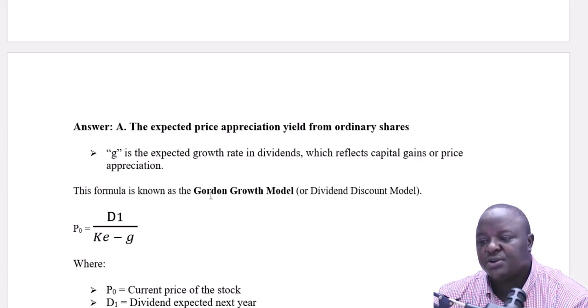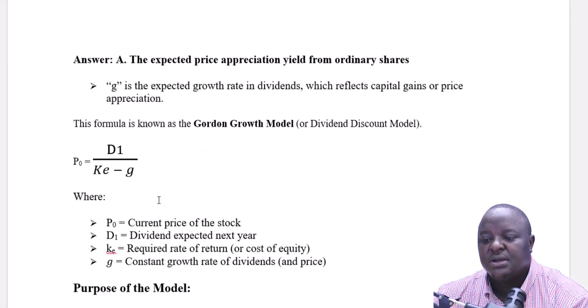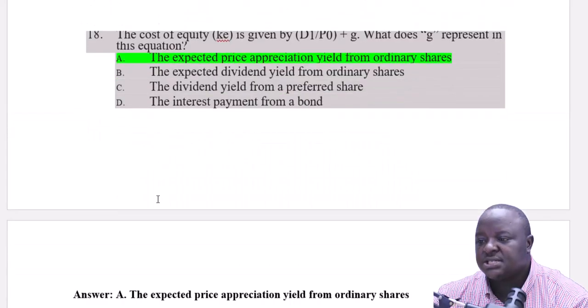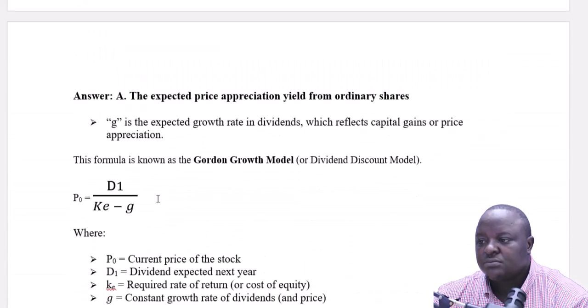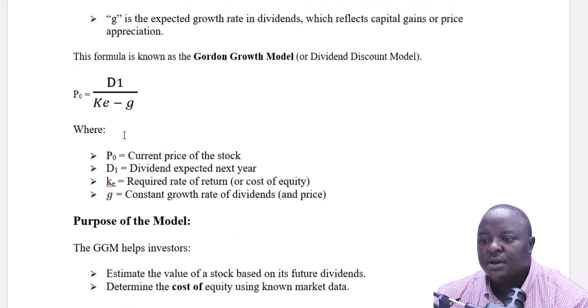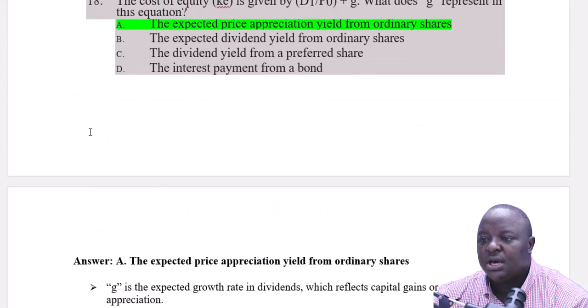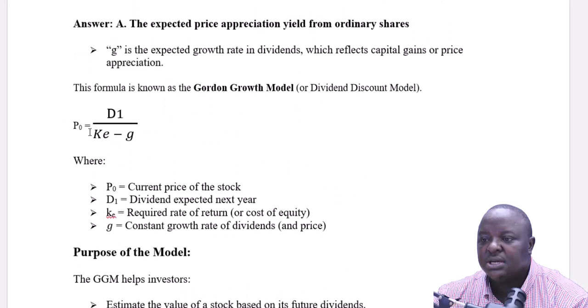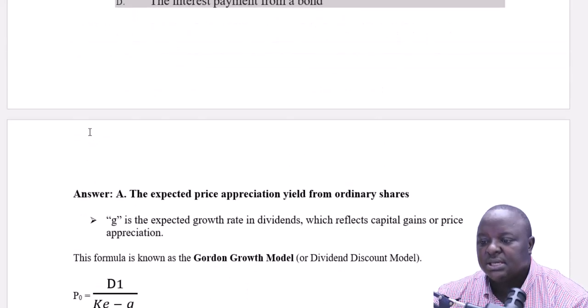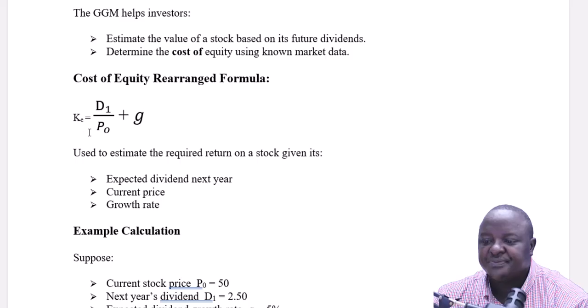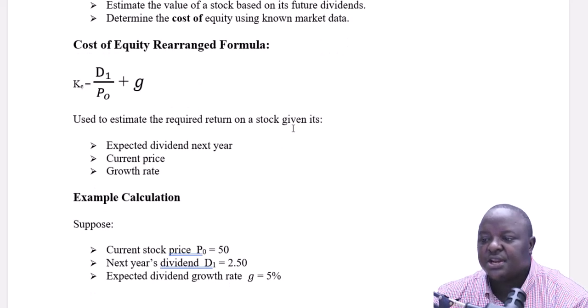So the formula is known as the Gordon growth model or the dividend discount model, which states that the price equals the dividends divided by the cost of equity minus the expected growth rate. This is used to estimate the required return of a stock given its expected dividend next year, the current price, and the growth rate.